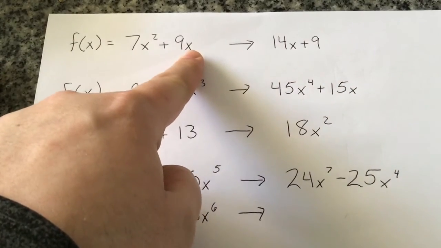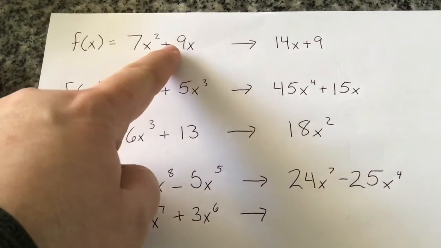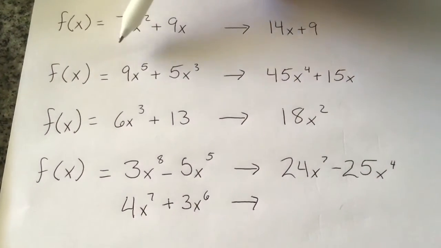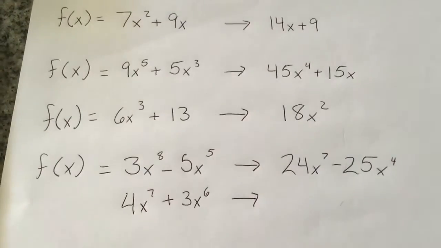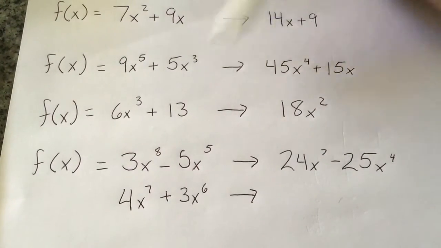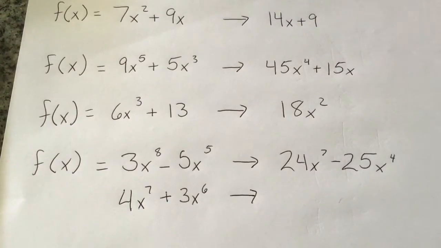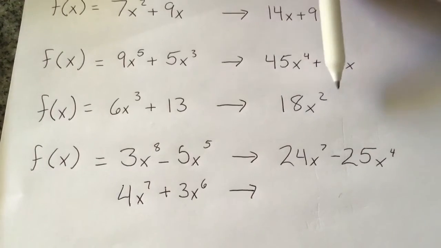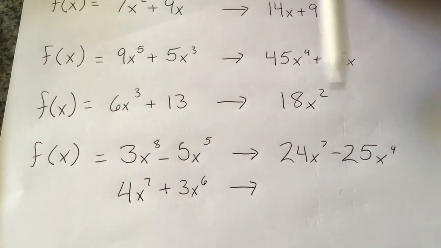What's the exponent just on an x? Well, that's a 1. That's x to the first, right? 9 times 1, 9. We have the same thing happening here. 9 times 5 is 45. 5 times 3, 15. Let's see this. 6 times 3, 18. Well, did I just forget to write the second part? I don't know.